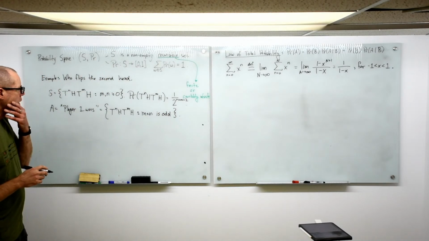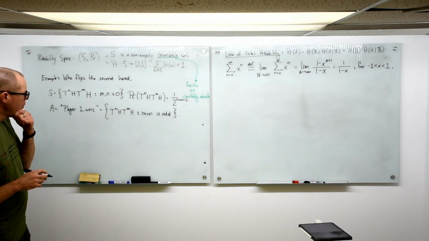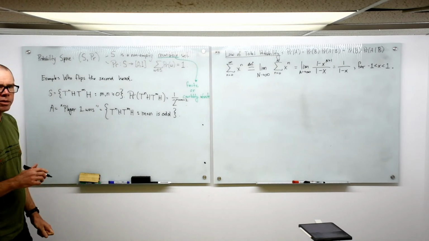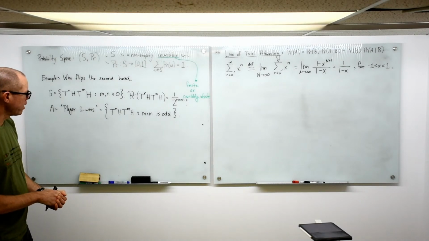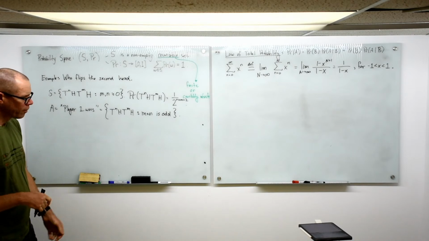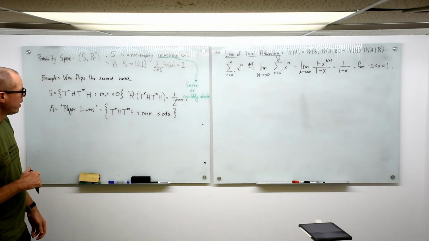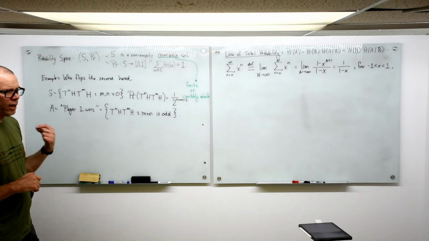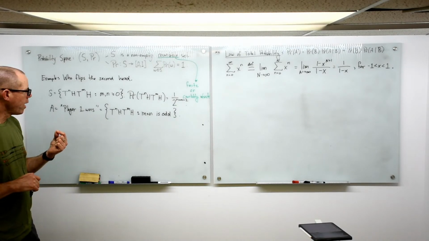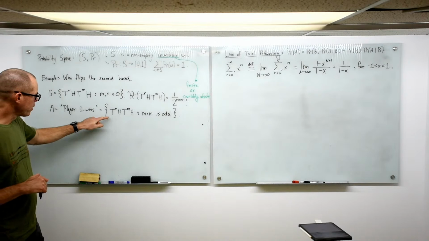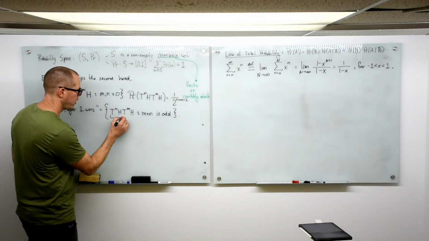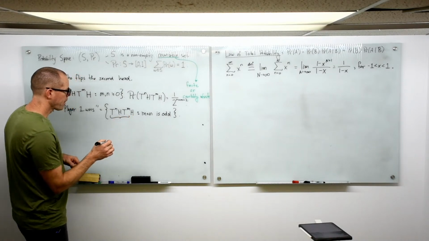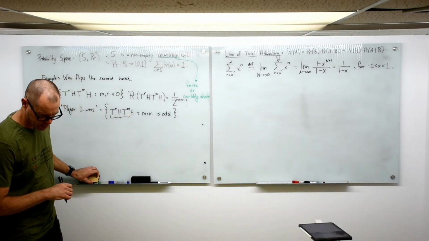Let's think about that for a second. If m plus n is 0, that means no tails were flipped and it's just 2 heads. Player 2 is the one who tossed that second head. If m plus n is 2, that means that there were 3 coin tosses.